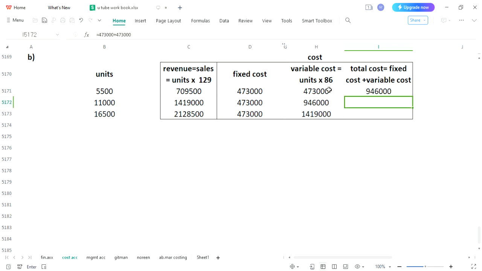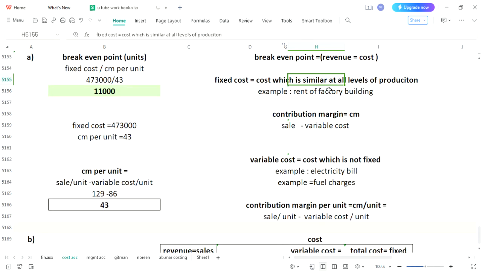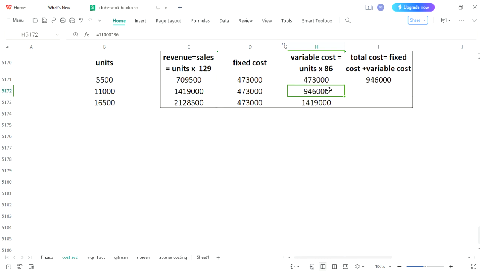What we have written over here: the amount is similar. 5,500 multiplied by 86, and your variable cost is 86. Everything is okay. It's just a coincidence that variable cost and fixed cost have the same number. Anyhow, we have calculated our total cost. How? Fixed cost 473,000, variable cost 473,000. You have added it, with which you have got total cost for 5,500 units.